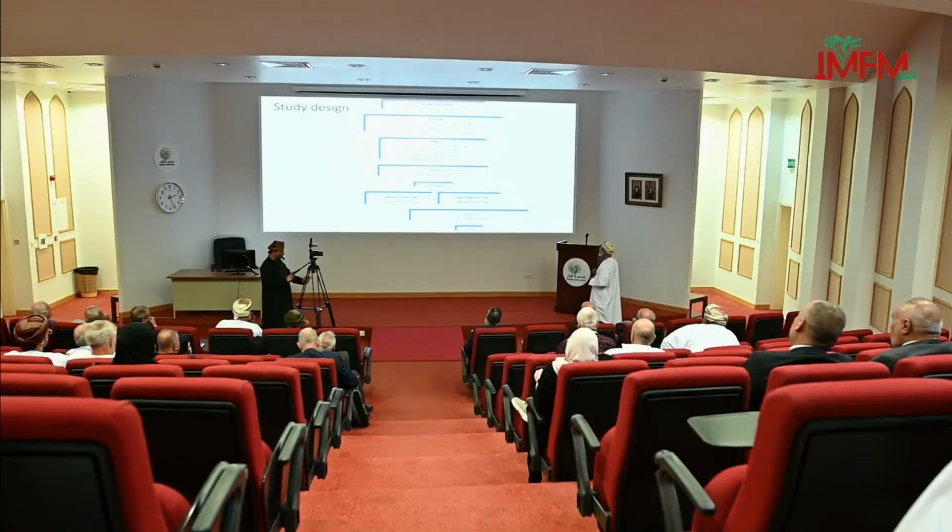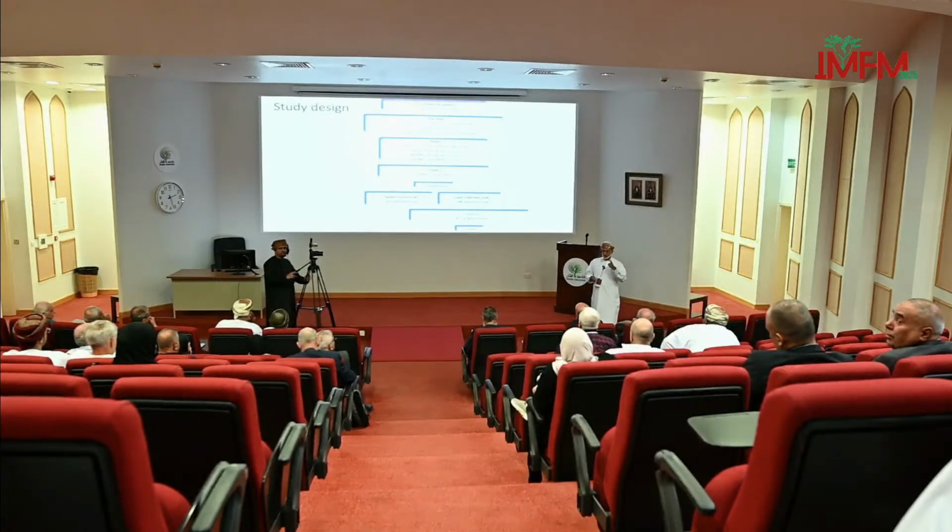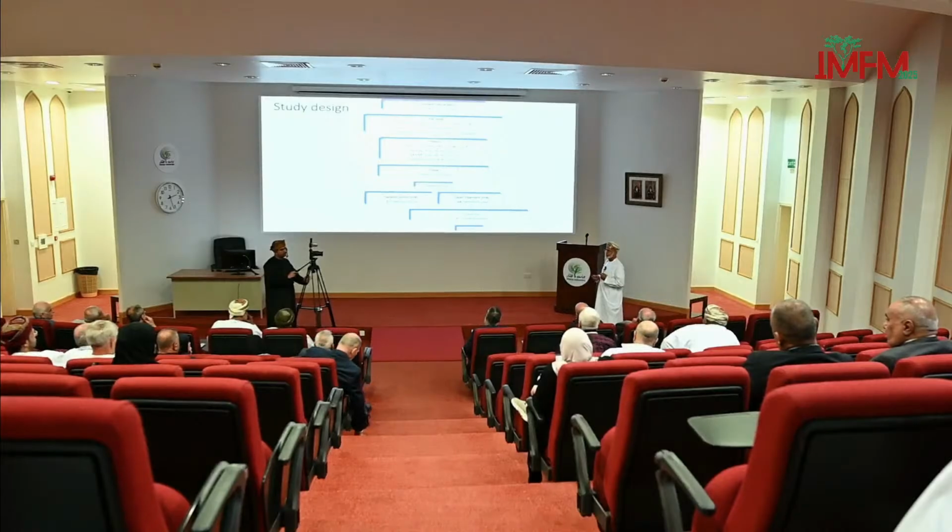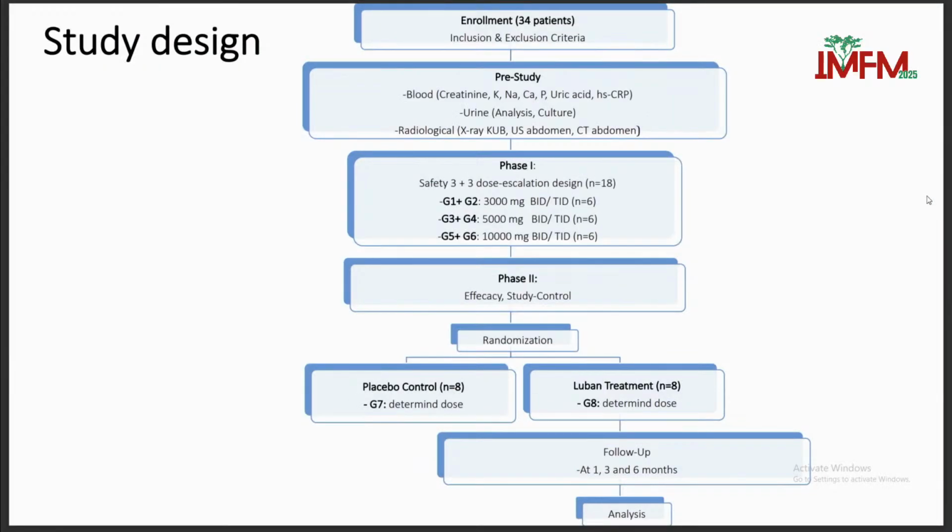Before the study, we'll be looking at the biochemical, urine, and radiological tests to characterize the basics and look at the stone size, location, and if possible, we may infer the composition from the radiological studies. And as I said, in Phase 1, we'll be trying different concentrations at different dosing just to see what is the best.